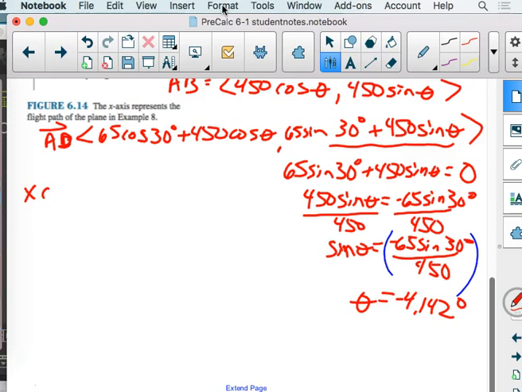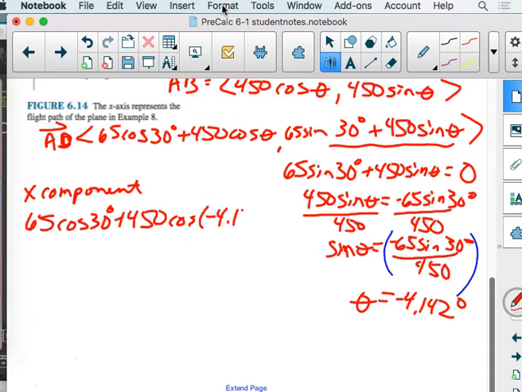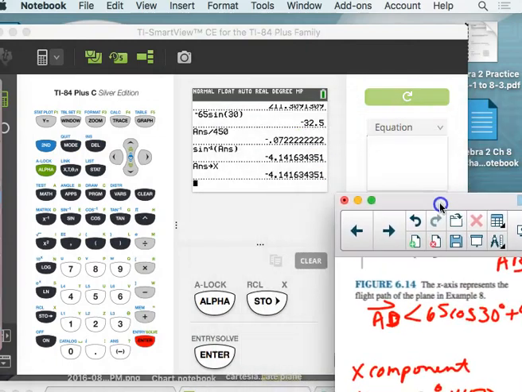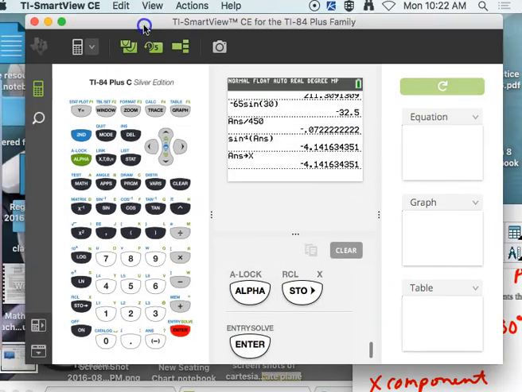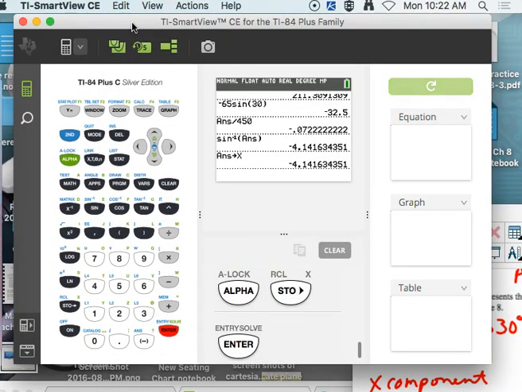So, x component: 65 cosine of 30 degrees plus 450 cosine of negative 4.142 degrees. Now we can just punch this in backwards and maybe we wouldn't have needed to store it because we can go back to what we had and put cosine times 450 and then just add this piece in there. Or you could recall it and put it in that way, whatever you want to do.